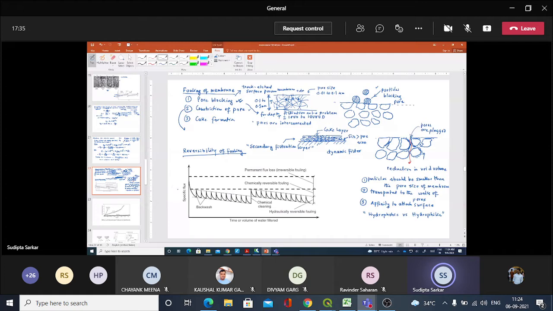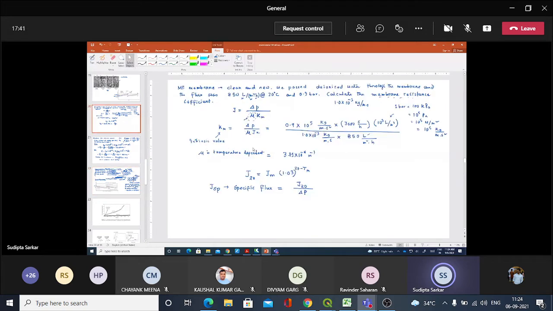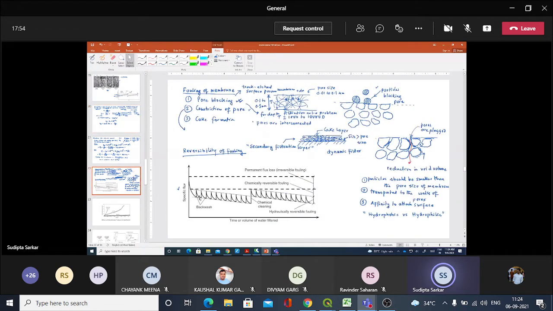On the y-axis we have specific flux, known as Jsp, specific flux at any temperature, and we are plotting it against time or volume of water filtered.